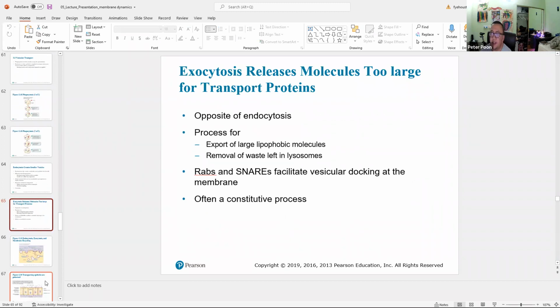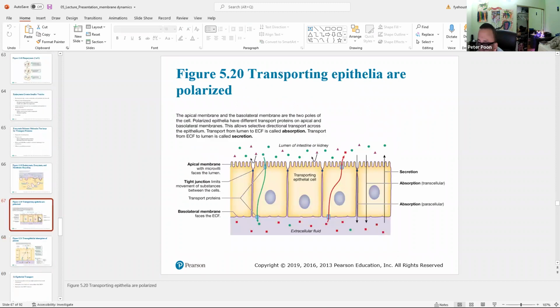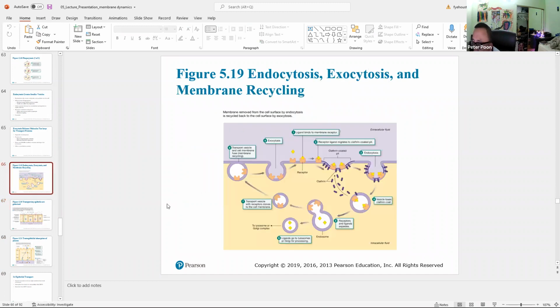Exocytosis is basically the exact opposite of endocytosis. This is endo, and this is exo.